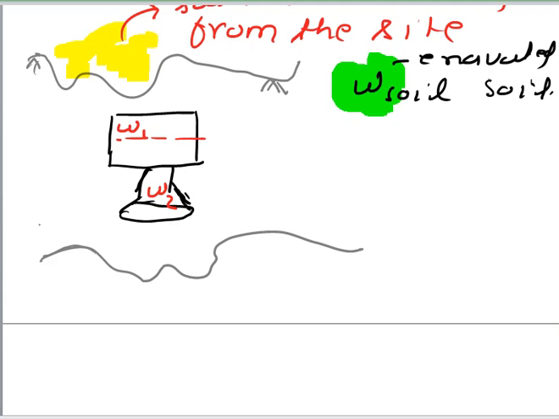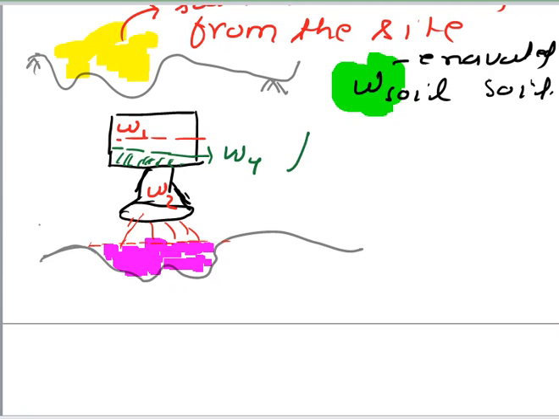Now from this level, again this sand is poured into the empty space, that is the space from where the soil was excavated, and it is completely leveled, the volume is filled. Let the final level which remained in the cylindrical container be W4.